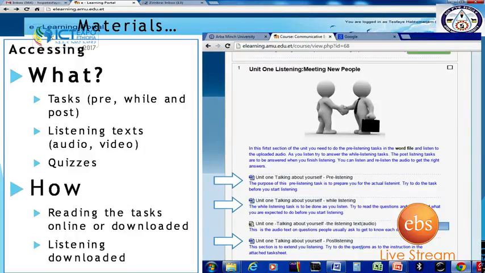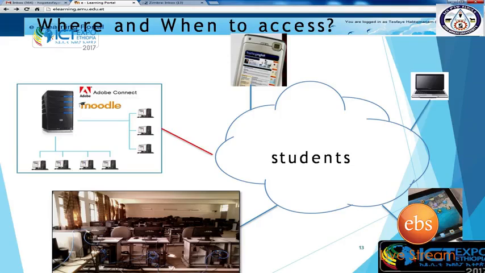Listening texts as well were downloadable. And this is to show you what the contents were. And where and when: it was only in the language lab, because I wanted to control the experiment, but they were able to access them everywhere.